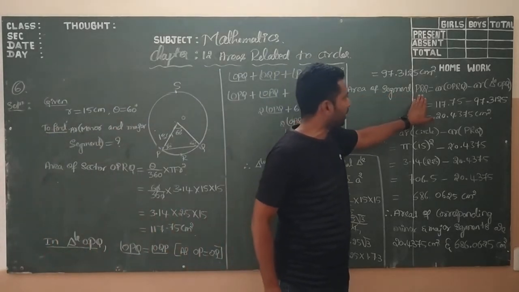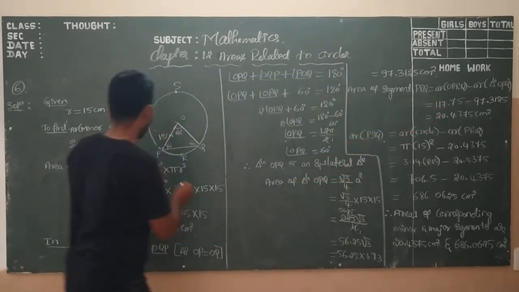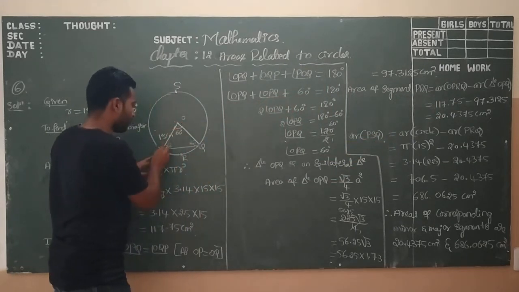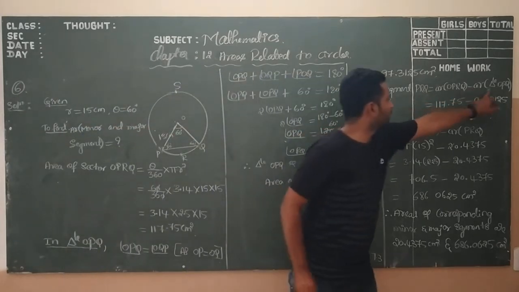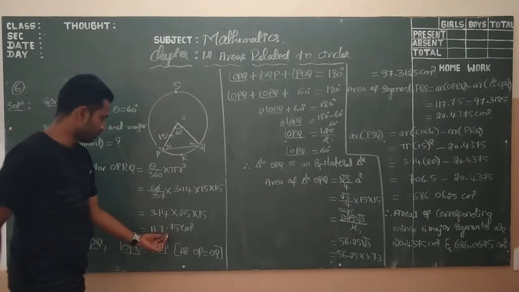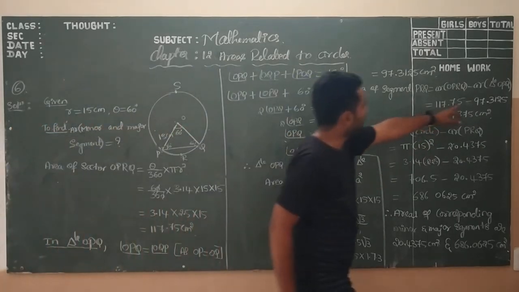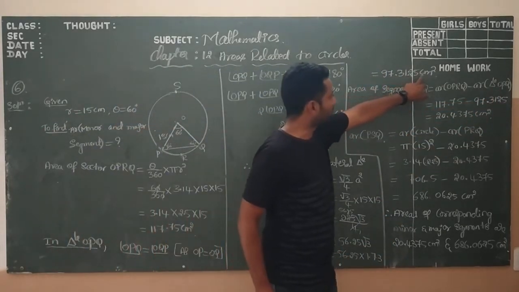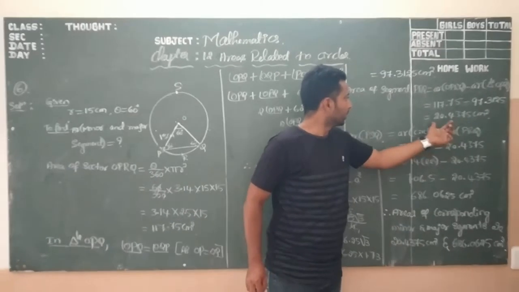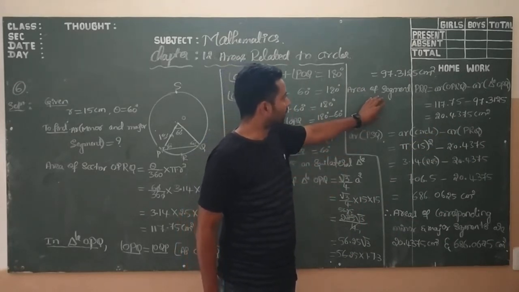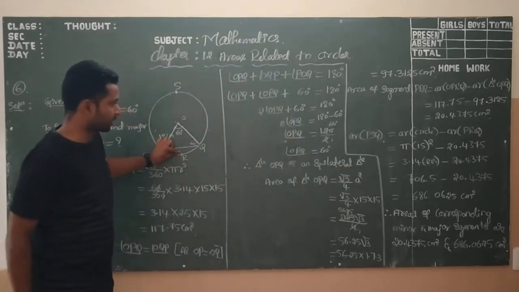So area of the segment PRQ equals area of OPRQ minus area of OPQ. Area of OPRQ is 117.75, minus the area of this triangle, 97.3125. It becomes 20.4375 centimeter square. This is the area of the minor segment.